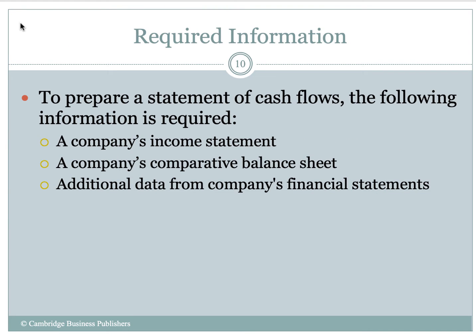Okay. So again, what do we need in order to prepare the statement of cash flow? Well, obviously we need the income statement because that's our starting off point. We need to pluck off that net income or net loss. We need a comparative balance sheet, right? We need to see what the beginning balances are of our assets, what is our ending value of our assets, and calculate, was there an increase or a decrease, okay?